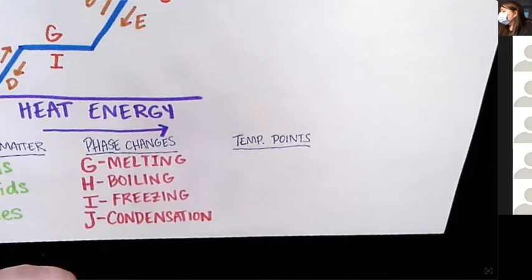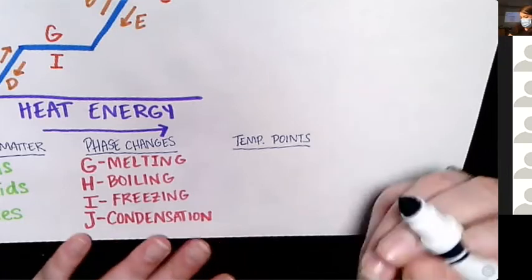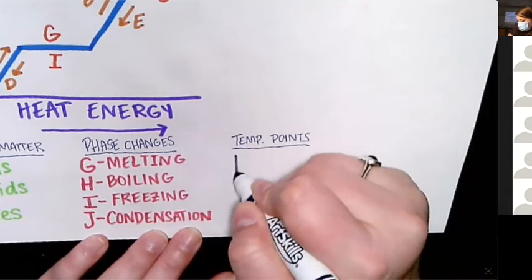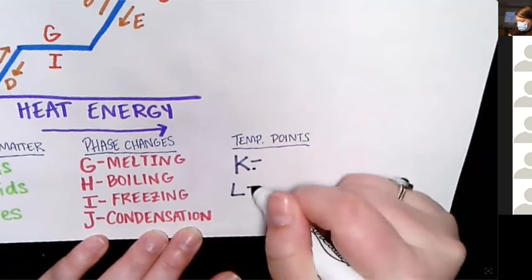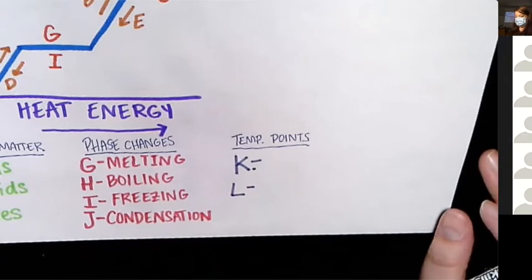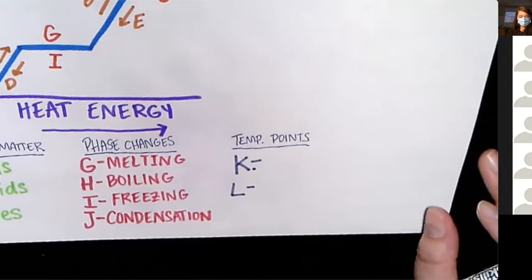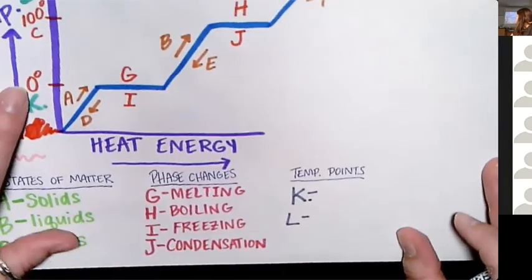And the ones that are going to go in this category are K and L. Those are the only two. Okay, so let me show you on this graph really quickly.